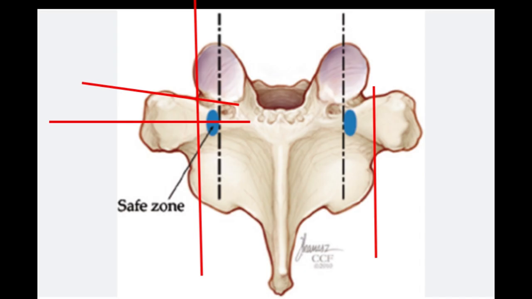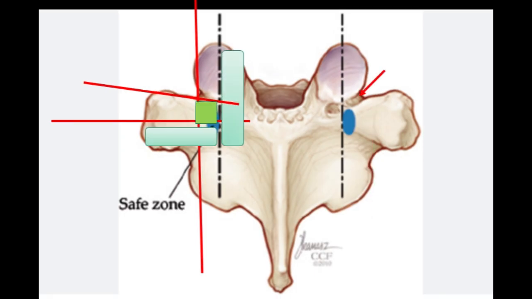So the lateral border of the pars is another thing which you can use. If your entry point is too medial to the lateral border of the pars, and also too medial to the midline of the superior articular process, these two are important landmarks. So you can see what landmarks you want.